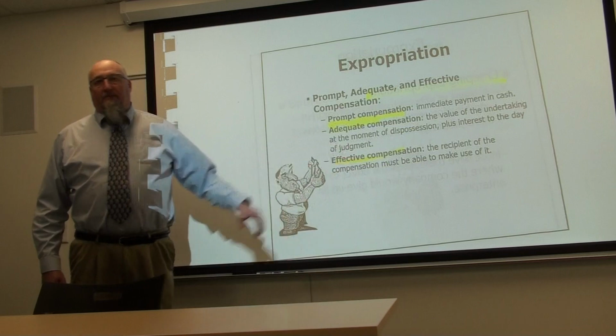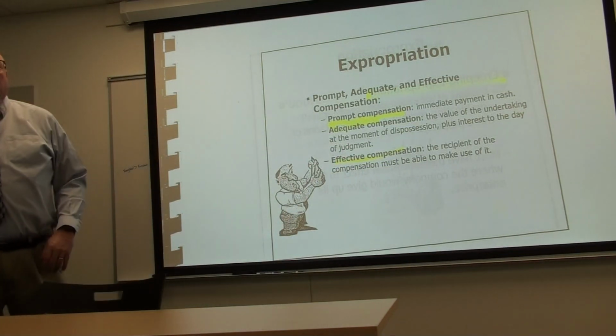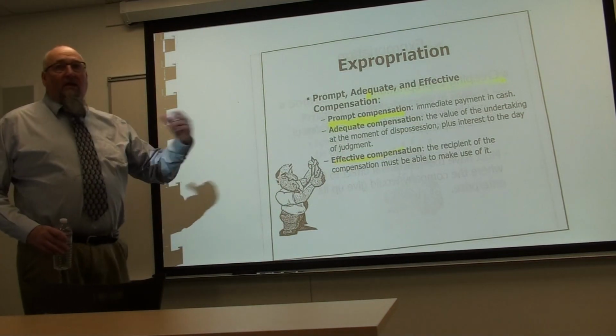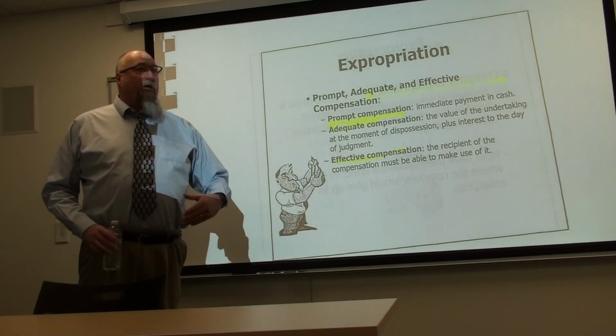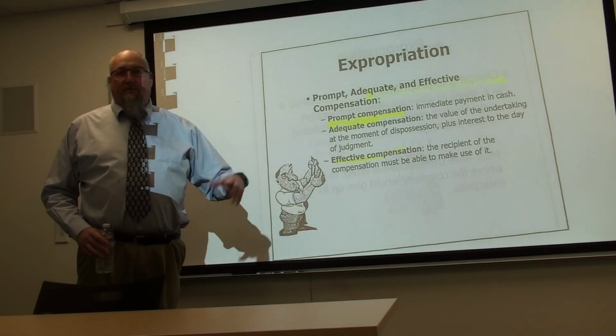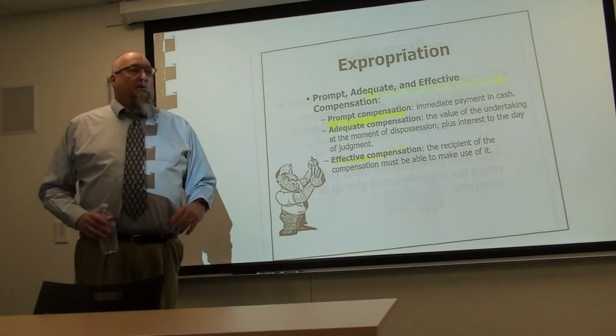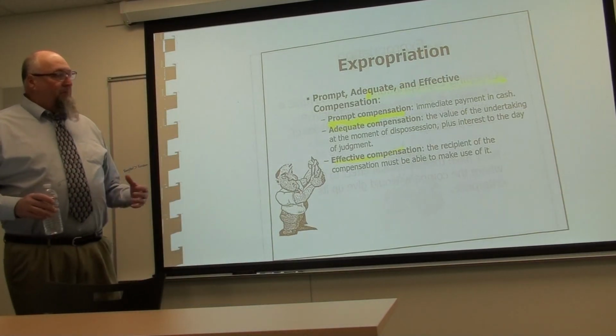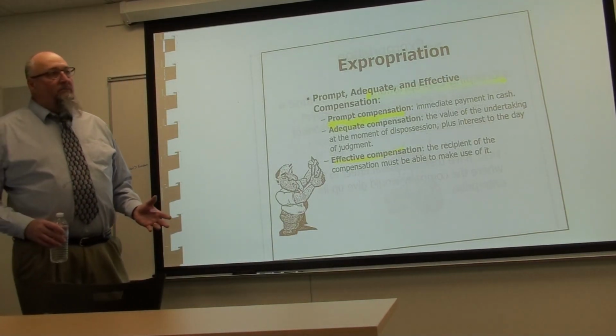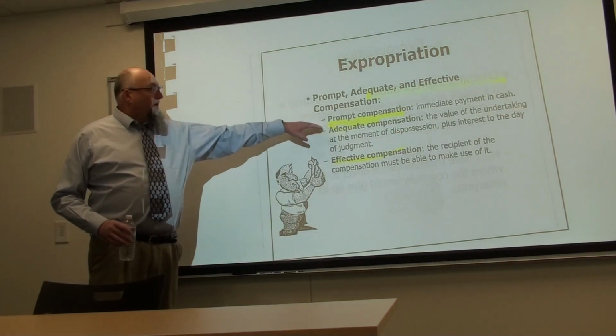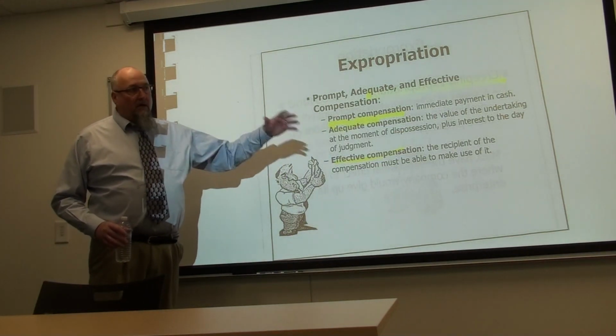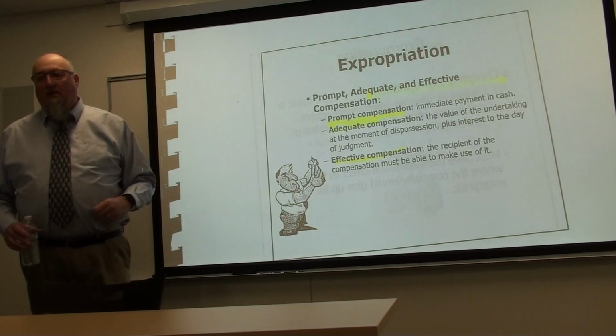One has to be prompt and, you know, essentially immediate. Not, we'll pay you in 20 years from now, or we'll make payments to you over 200 years. That would essentially be an end run around compensation. And so the idea is there has to be compensation that's paid promptly.